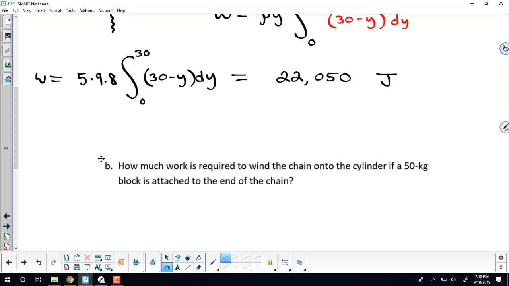So we would just assume that the density of that change is consistent throughout. Okay, so switch that back. Wait, I don't have it written down. We just did 50 times 30 times 9.8, and then added it to what we already had.